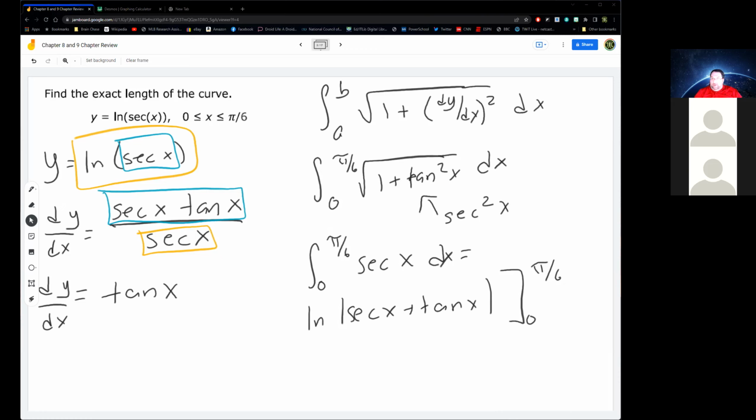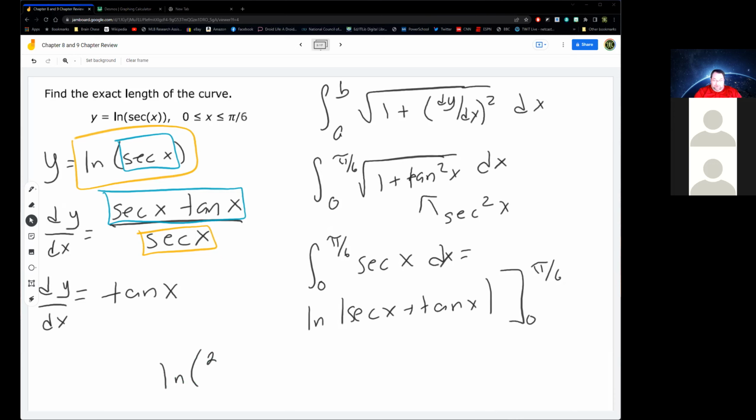All right, so now we've got to plug in our values. So we've got secant of pi over 6. So I've got ln of 2 over the square root of 3.